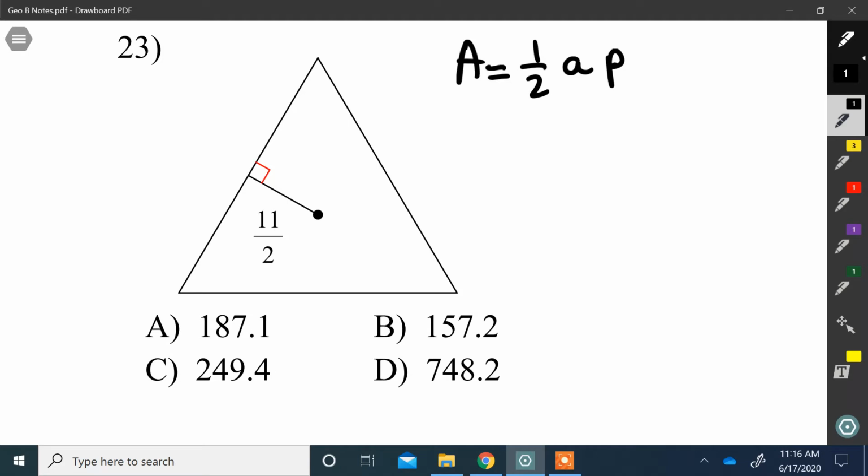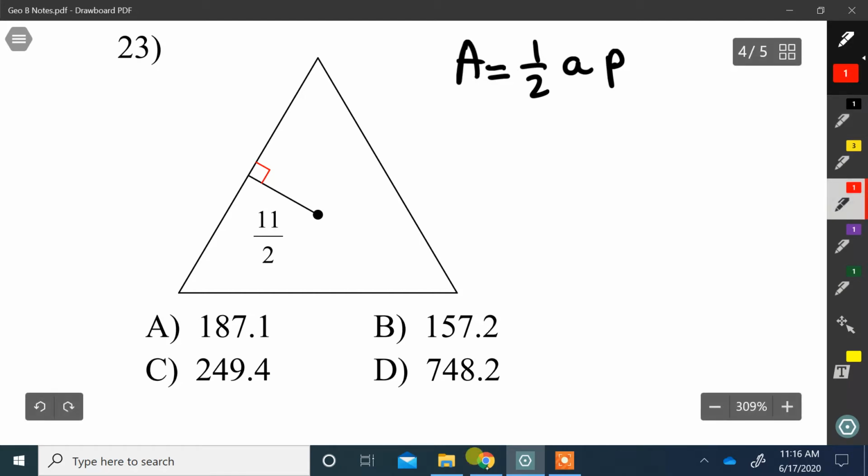So we are going to use what we call special right triangles, which I don't like to use, but we're gonna have to, guys. So first of all, you have to realize what you have here.